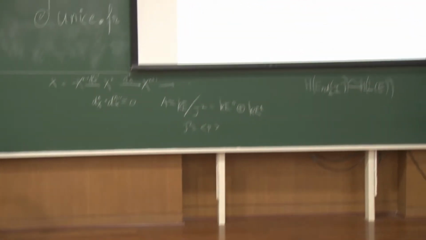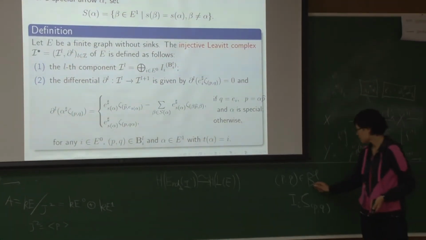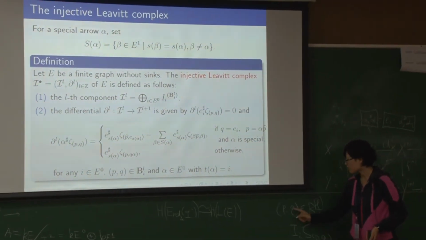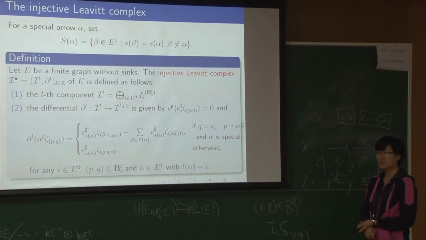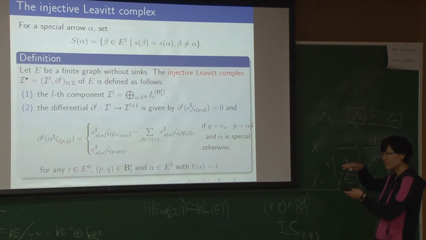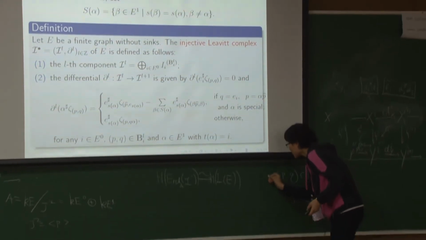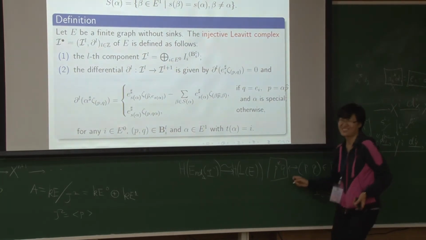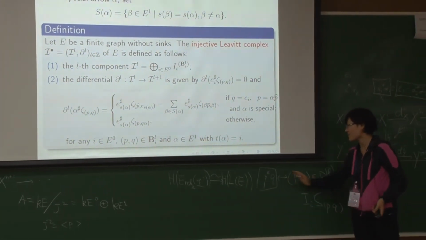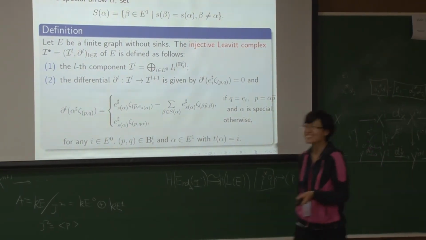Here, if I choose (P, Q) in here, the length of Q minus the length of P should be L. Yes, the length is the difference of these two paths. And can they be concatenated? This one corresponds to Q P* at the level of the path algebra, so the length is exactly the degree of this element, because I write the composition from right to left. Yeah, that's fine.